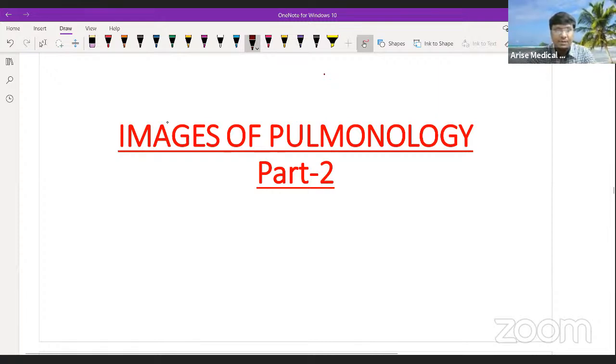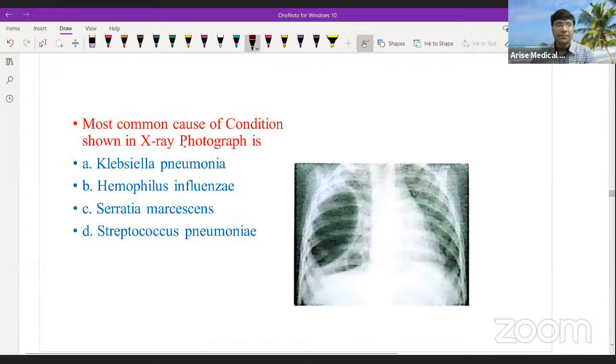Now, if you see the first question, most common cause of the condition in the X-ray photograph is: Klebsiella pneumonia, Haemophilus influenza, Serratia marcescens, Streptococcus pneumonia.